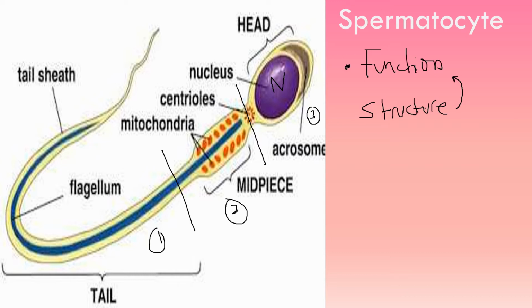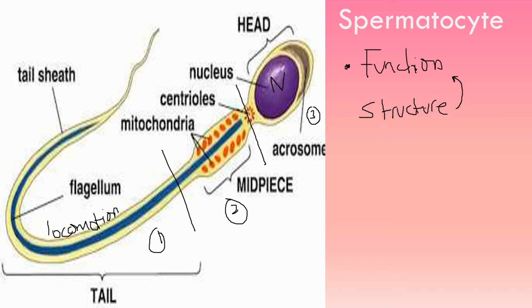And what we can do then is link those structures to the overall function. A sperm cell is one of the most obvious cells in order to be able to relate structure to function. So we can see that the flagellum is a whip-like tail, and it thrashes from side to side, which is used for locomotion, which is a posh term for movement.